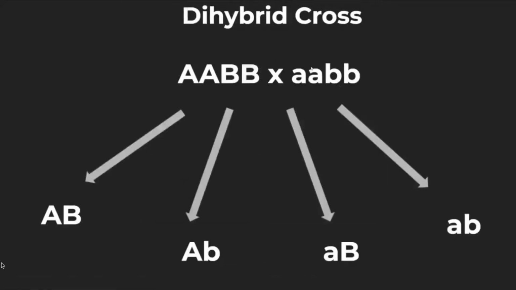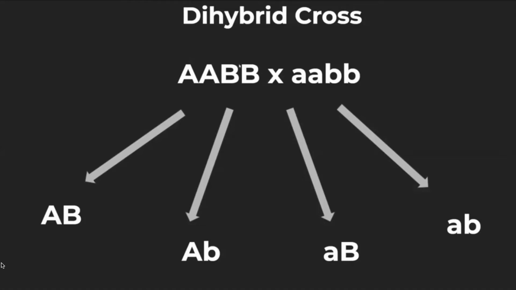So now going forward, when we look at a dihybrid cross, we're looking at two things that could possibly be linked, right? So let's say we're looking at two organisms here, one that has all dominant and one that has all recessive. So from this, what we can actually see is there's a huge mixture of things that can arise from this, right?